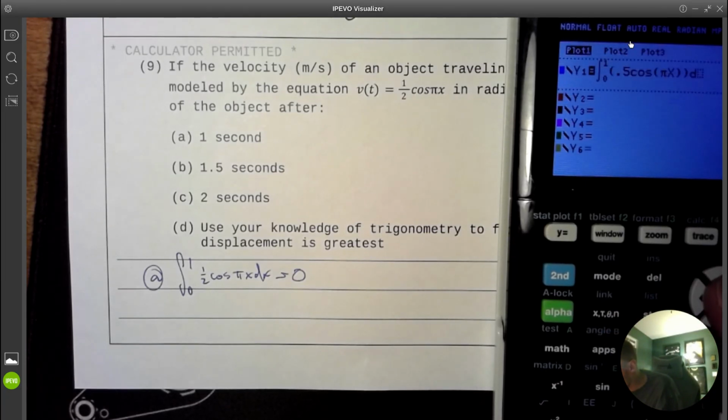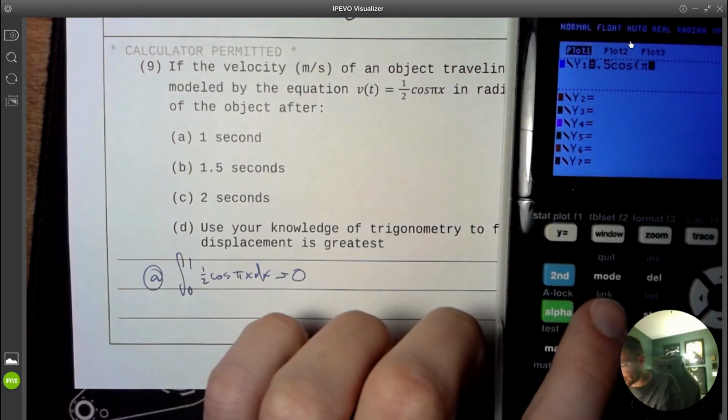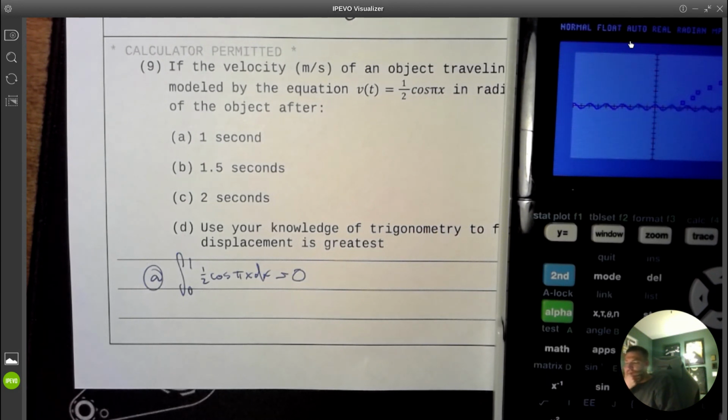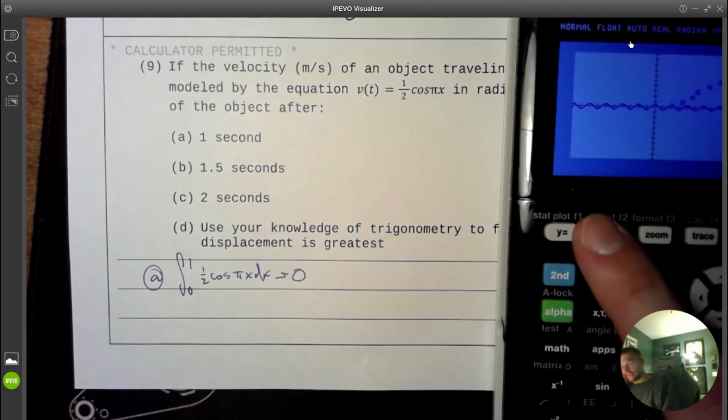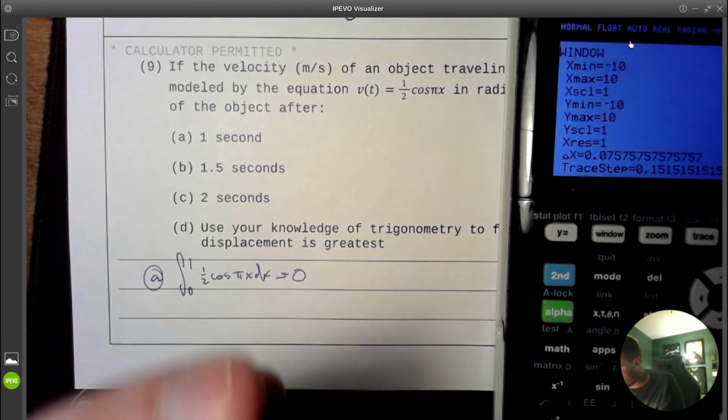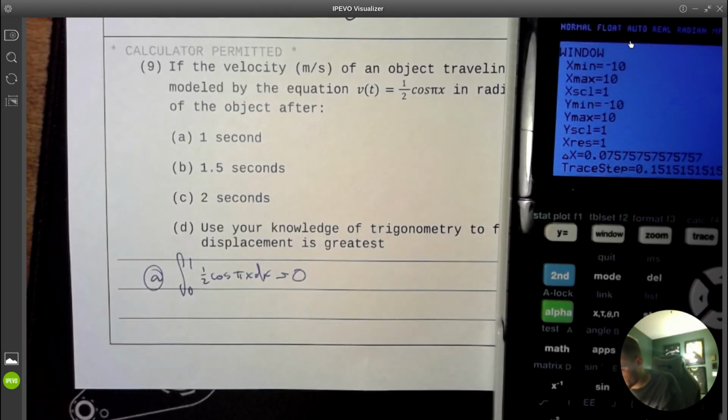What? Oh. I don't even need the integral, just 0.5 cosine. Let's just look at the graph. I see. Window. Let's do -1 to 5.